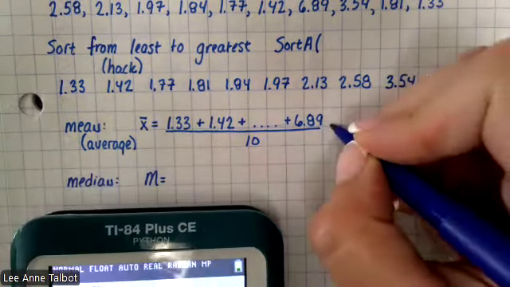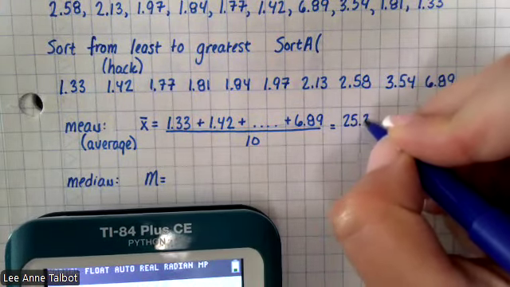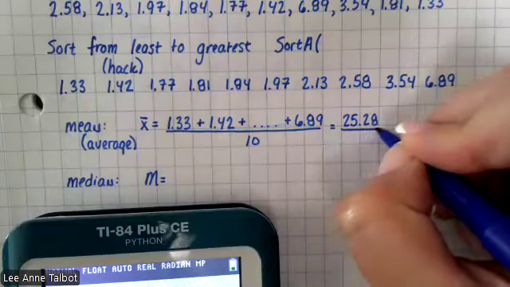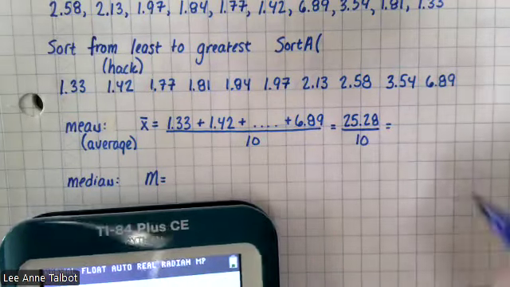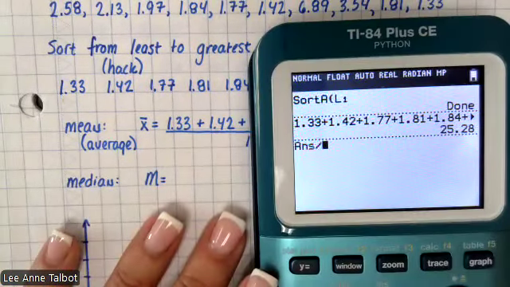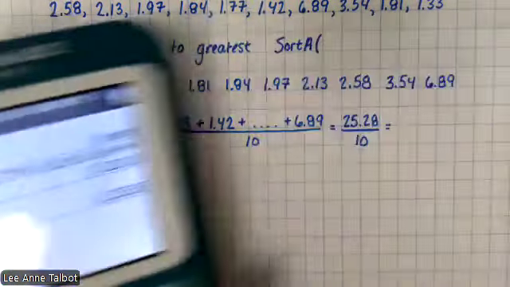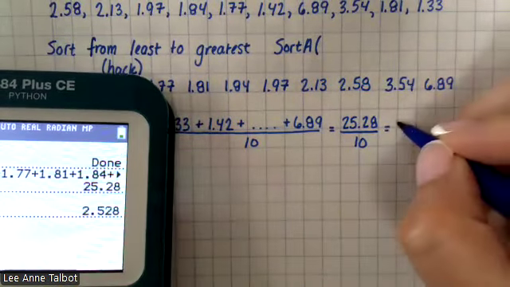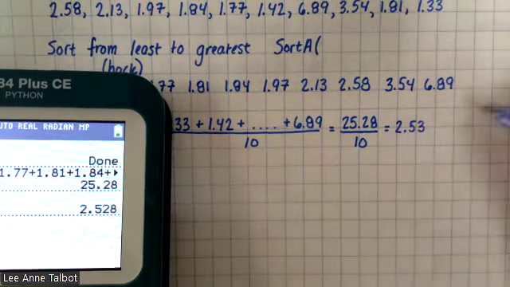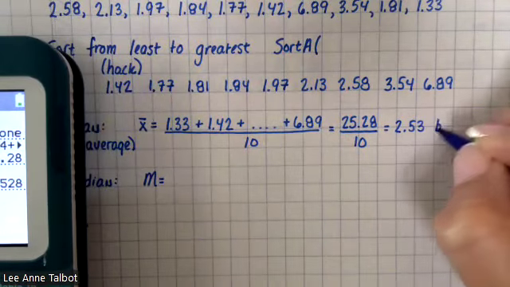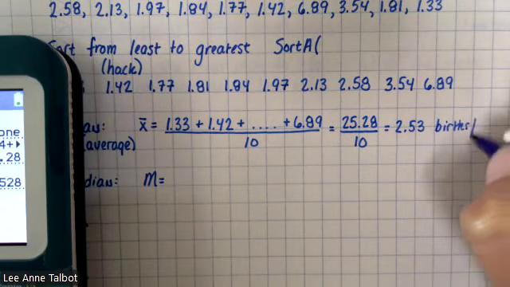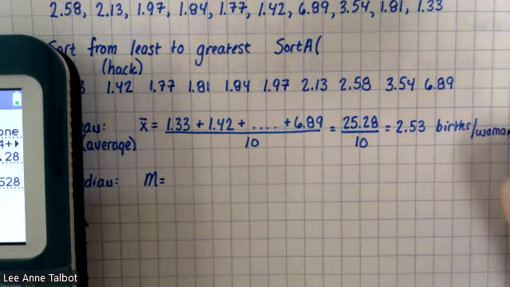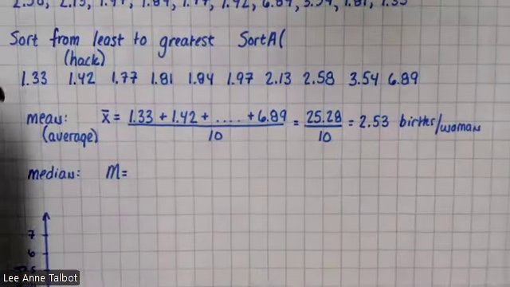Okay, and I get 25.28 on the top, divided by 10. And we're going to round that to 2.53, and be very careful to add our units.